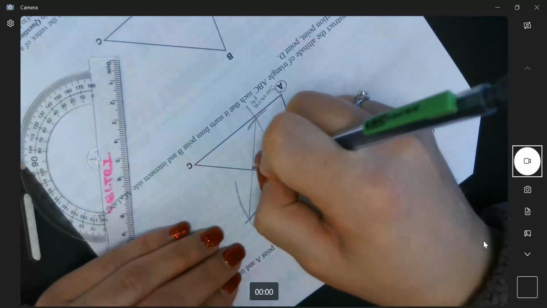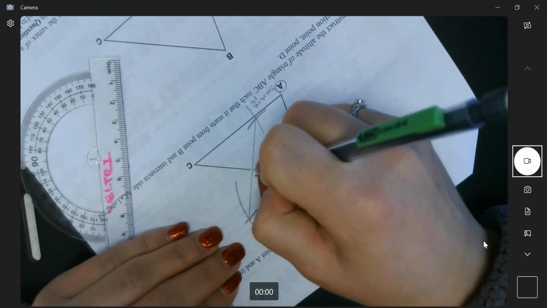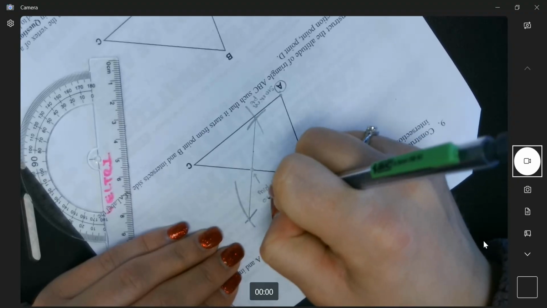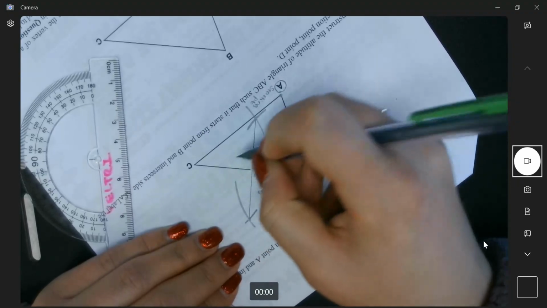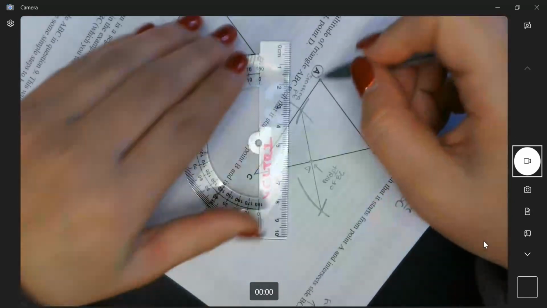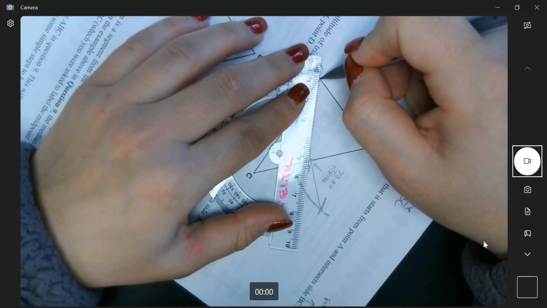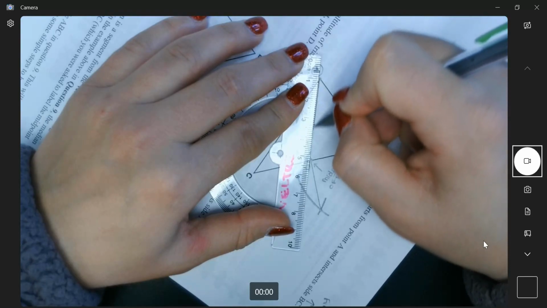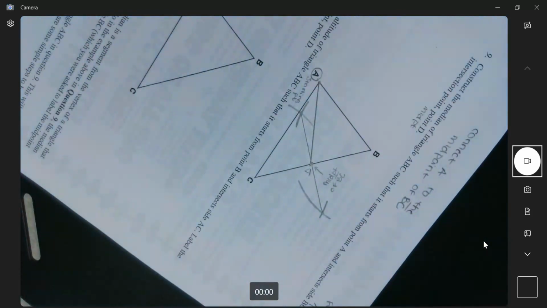Okay, and then right here is the midpoint of BC, which is point D. Okay, and I am connecting A to point D now. So I found the midpoint, and then all you have to do is just connect that starting vertex that they asked you to that midpoint.